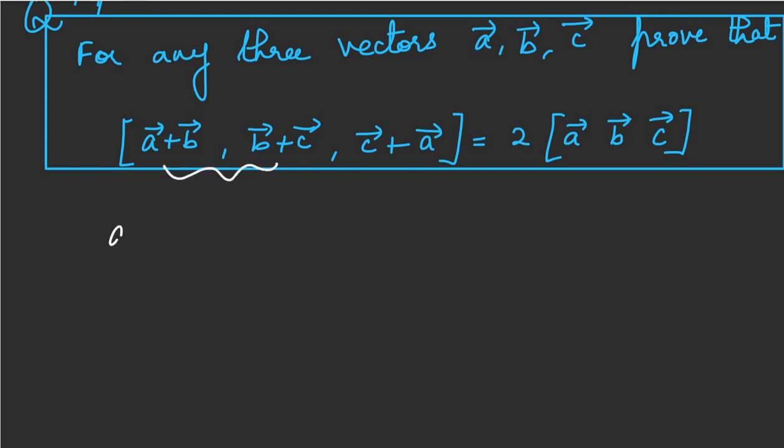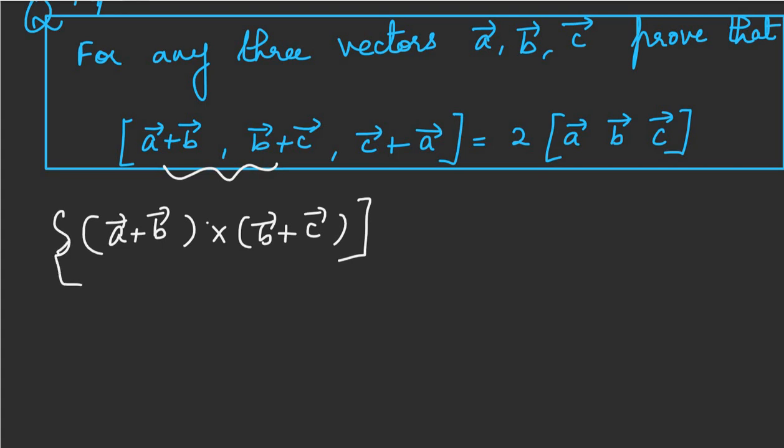Taking the cross product of these two vectors, (A vector plus B vector) cross (B vector plus C vector), dot (C vector plus A vector).